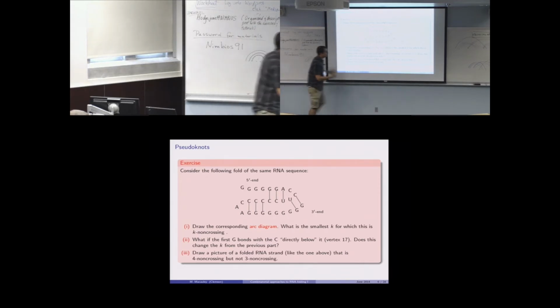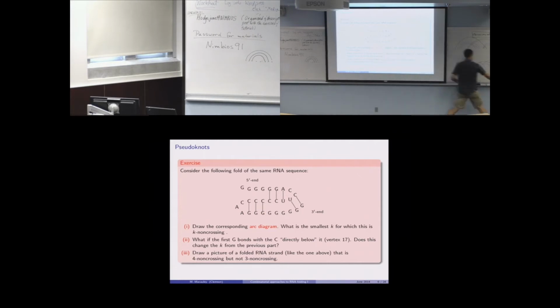So here's how I want you to start. Suppose you have an RNA strand and something like this, and maybe connect these together, something like this. Is that going to be 4 non-crossing or 3 non-crossing? Try to do it. One thing that scientists have noticed is that most of the pseudoknots that are observed are at most 3 non-crossing.